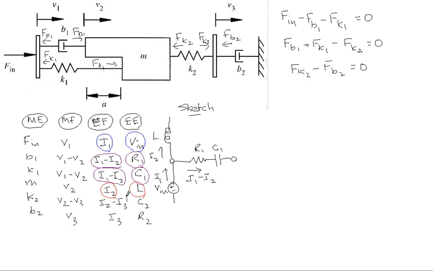If we look at the case of I2 minus I3, there is a capacitor associated with it. Hence, if there is a current I2 minus I3 flowing, as shown in this sketch, it has to flow through C2.